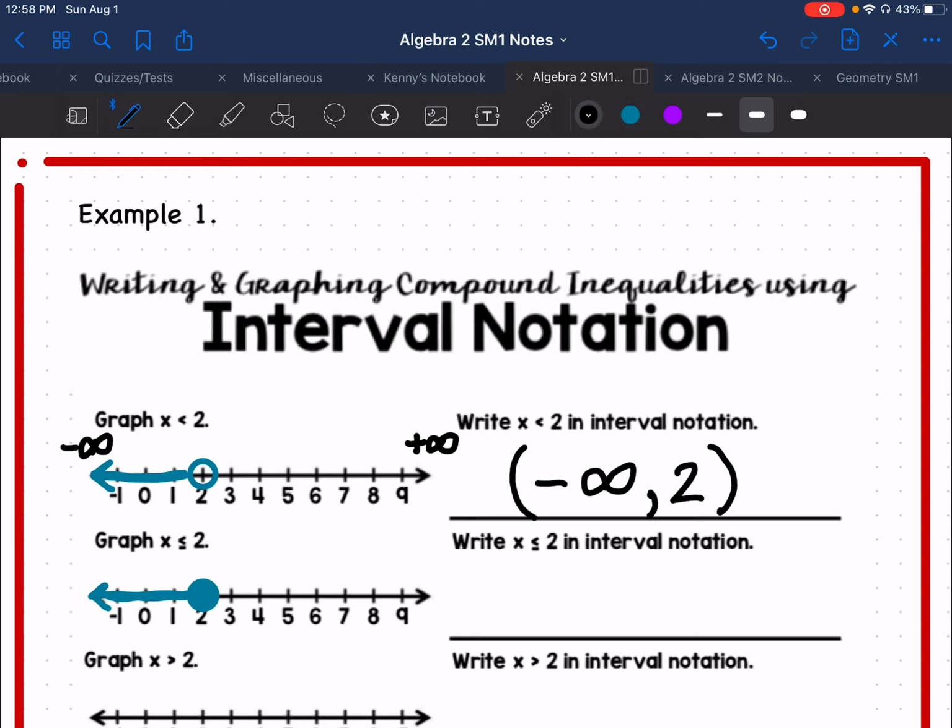Remember, this is your negative infinity, and this is your positive infinity. So when we go to write interval notation, we start on the left side, negative infinity, comma, we put the number that we see. Remember, we always start on the left and we go to the right side. Infinity, positive or negative, always gets a parenthesis, and since the 2 is shaded in, I have to use a bracket this time. That's the only thing. I just have to look at the circle.